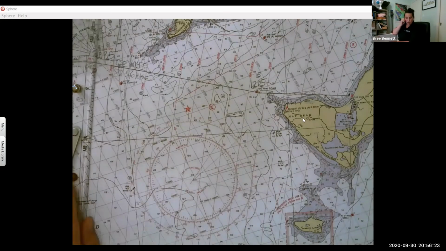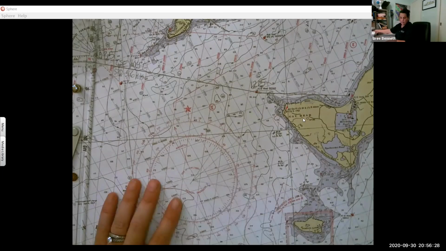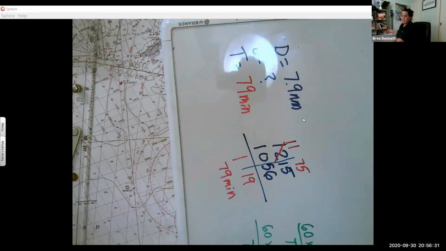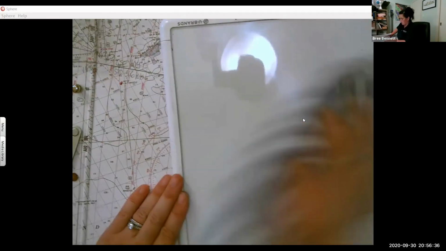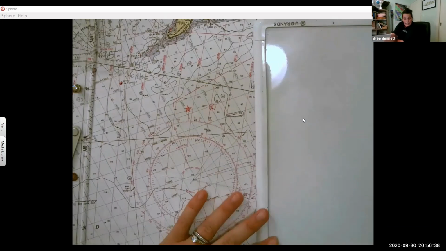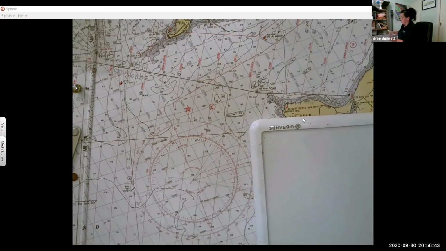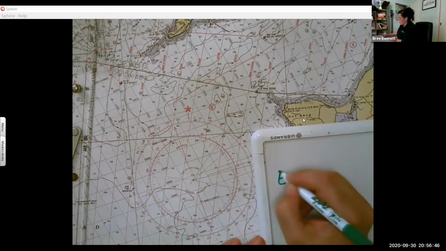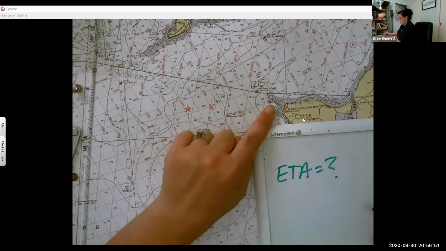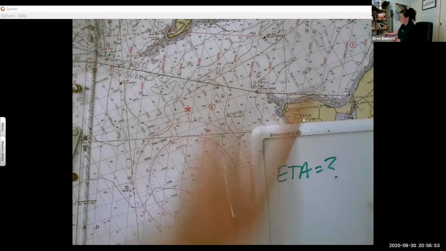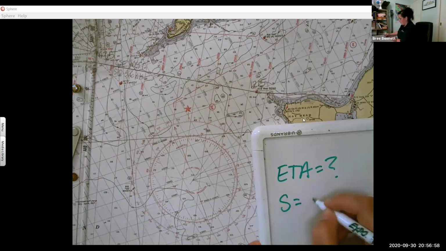And then it asks, what is our ETA using our original boat's speed of 5.6. So they didn't ask us this time. They didn't hold our hand on this. They didn't ask us what distance was, but they're asking us what is the ETA from this spot to this spot. So my speed is going to be 5.6.